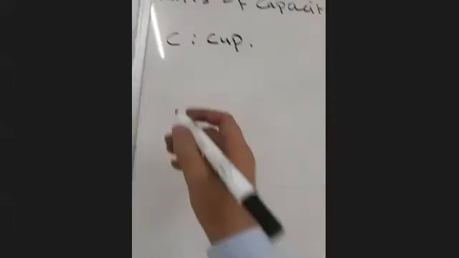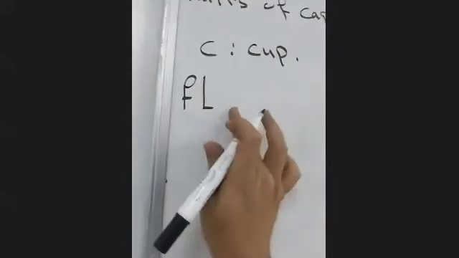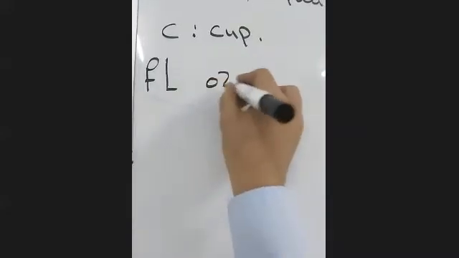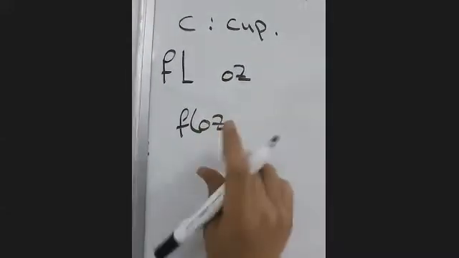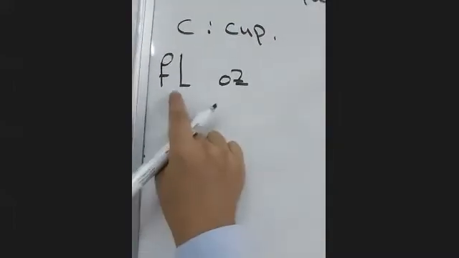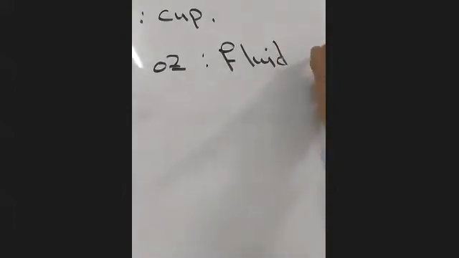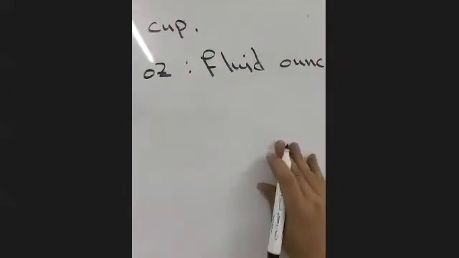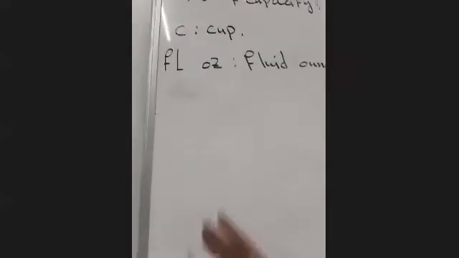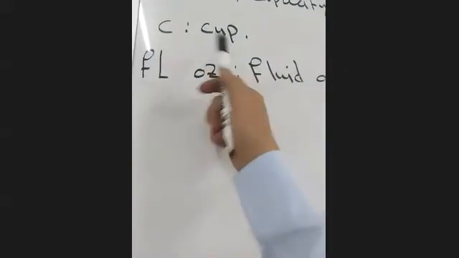Now, the second one is FL OZ. Look here, guys. FL space OZ. What's this? It's fluid ounce. How we write it like this, how we read it, fluid ounce. Cup, how we write it, C, how we read it, cup.